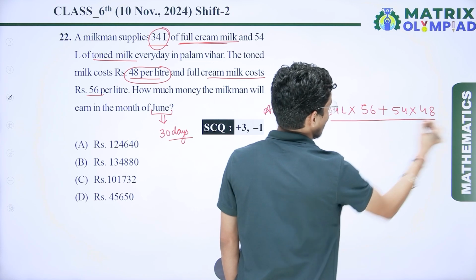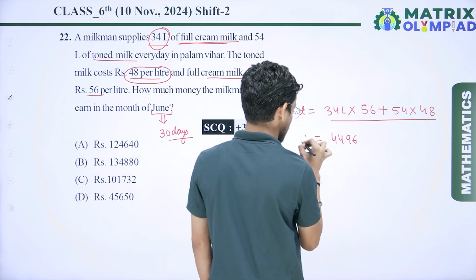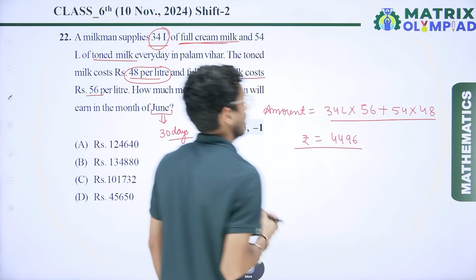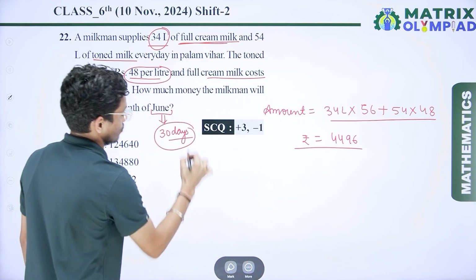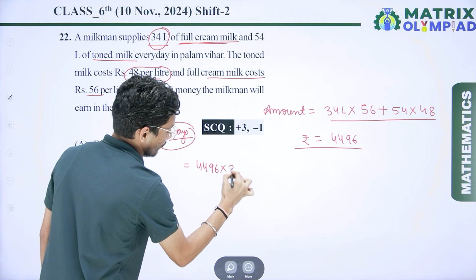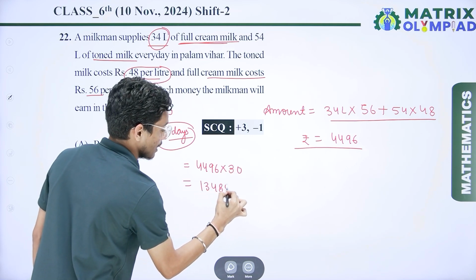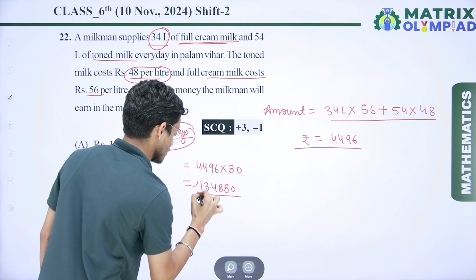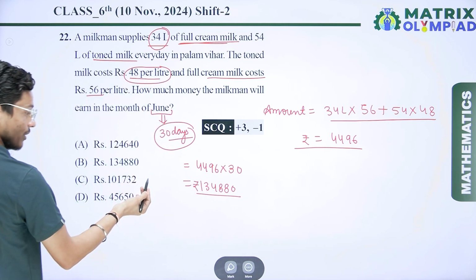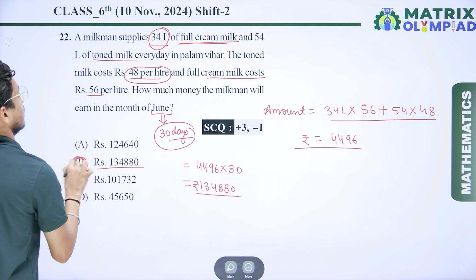So if I simplify here, I get the answer that is 4496 rupees for 1 day. So here we have to find for 30 days. So if I multiply 4496 by 30, we get the answer that is 134880 rupees. So where is 134880? Here option number B is the correct answer.